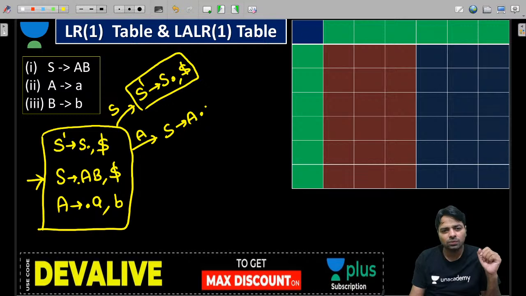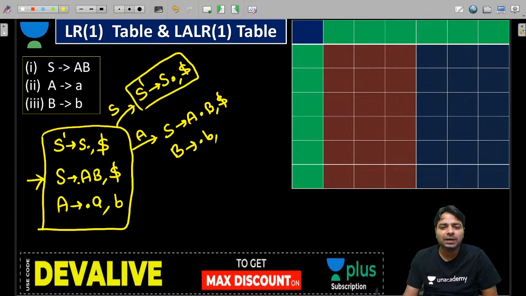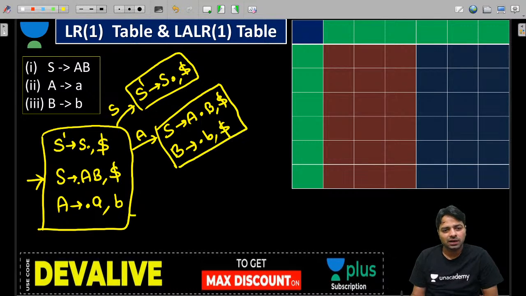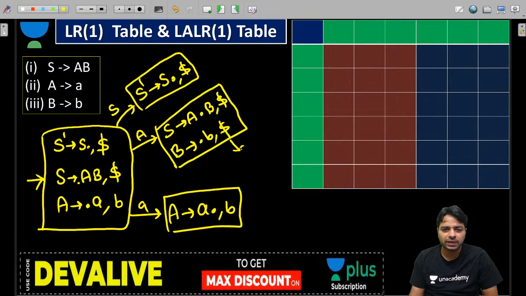Don't compute anything now. After writing this, write capital B productions, then compute capital B follower. After capital B, nobody is there, so paste dollar. And when you read A, just move the dot. Don't do anything now. And here also for B, copy paste, move the dot.